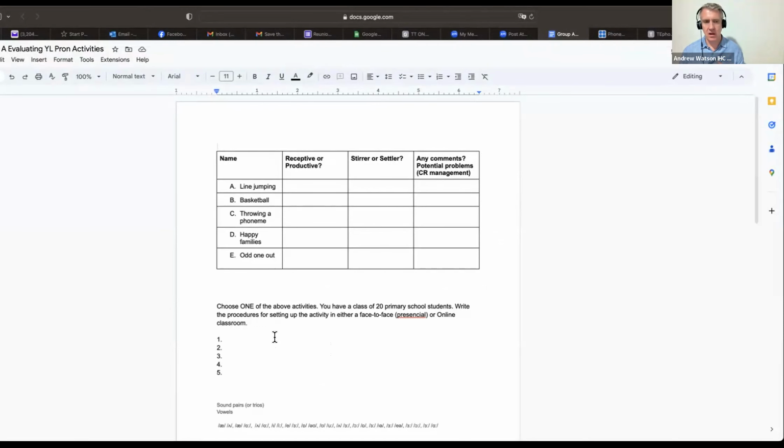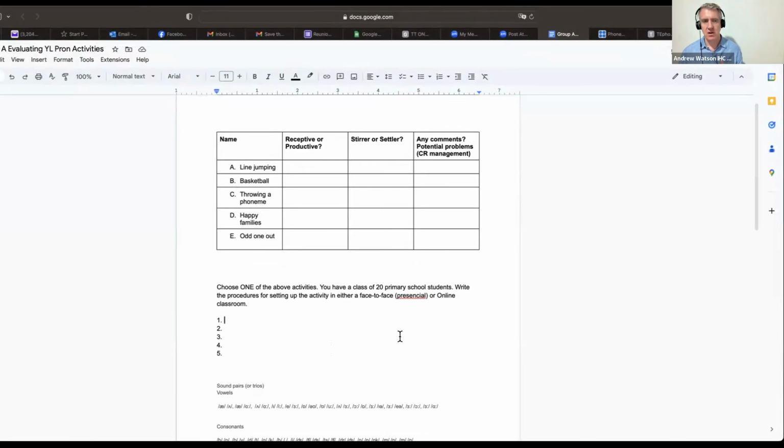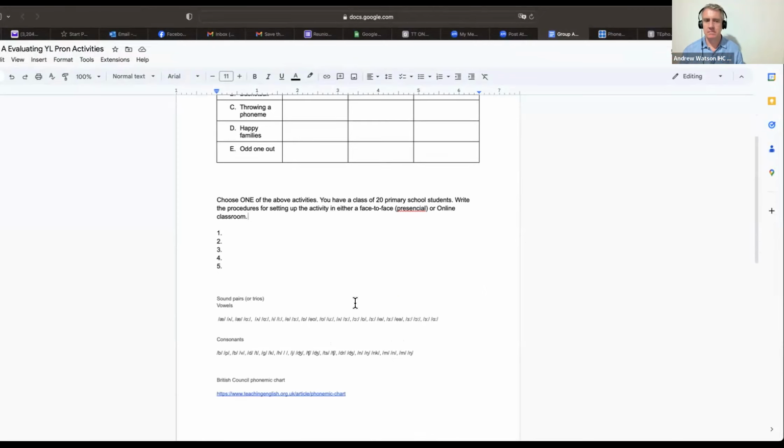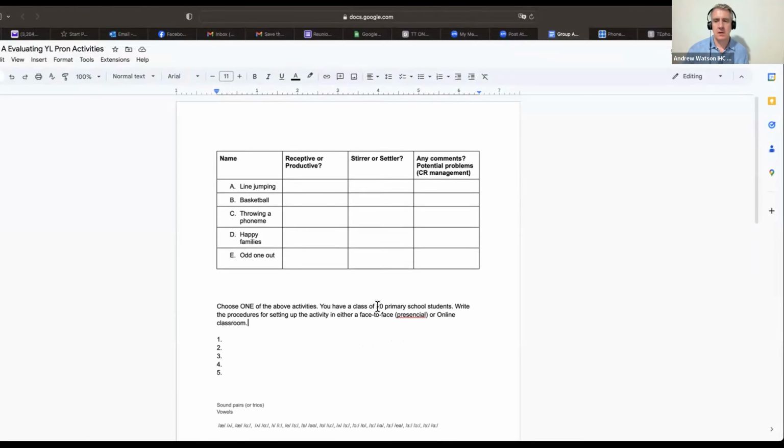And if you finish, I'd like you to choose one of the activities. Imagine you have a class of 20 primary school students. Write the procedures for setting up the activity. It can either be a face-to-face class or an online classroom like this. So that's what we're doing for the next 10 or so minutes. I'll see how well you're getting on with that.